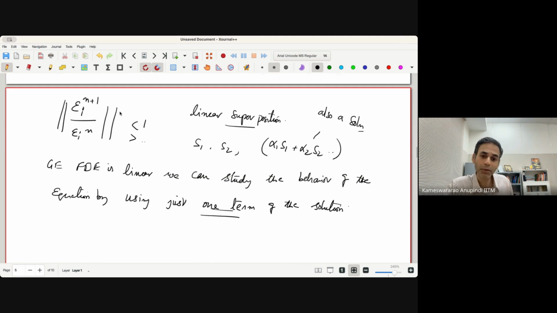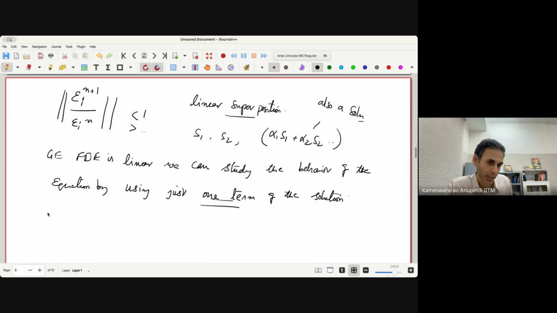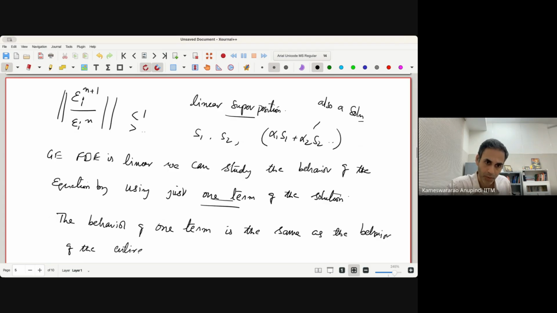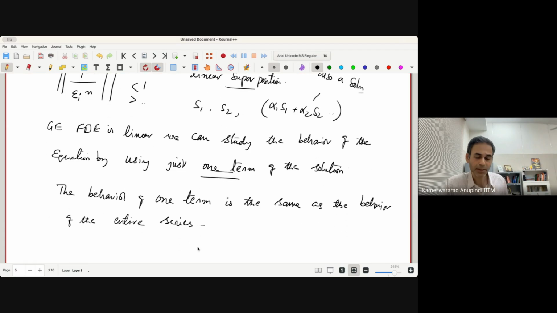But because the governing equation is linear, the behavior of one term is the same as the behavior of the entire series. As a result, we can discard all other terms and work with only one term. Now the question is, what does this mean?